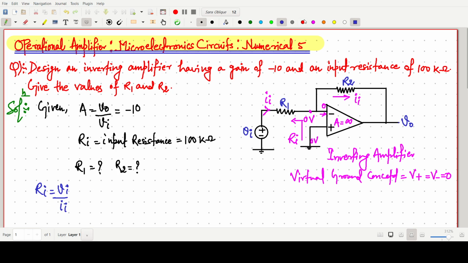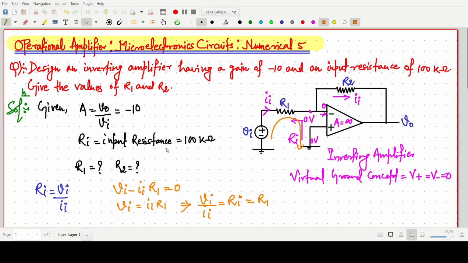If we apply a very simple KVL through this loop, we can write plus Vi minus Ii R1 equals 0. So Vi equals Ii into R1. This Vi by Ii is nothing but the input resistance Ri, which is the same as R1.